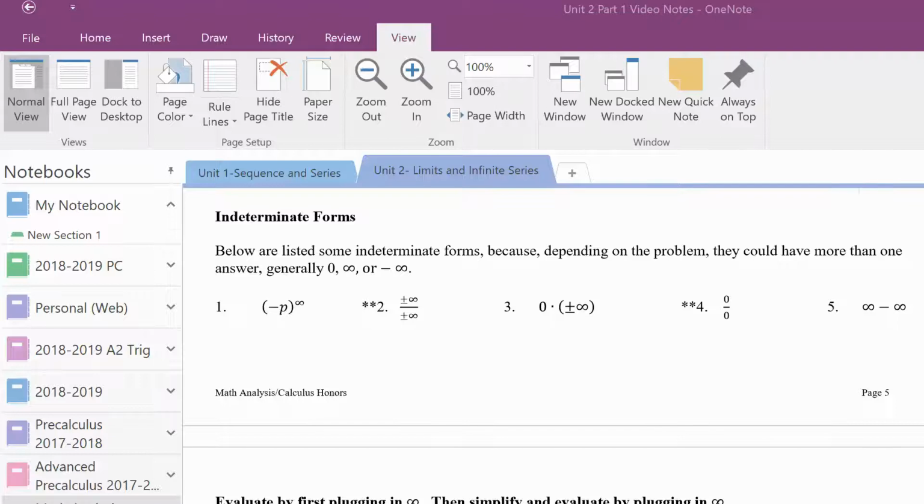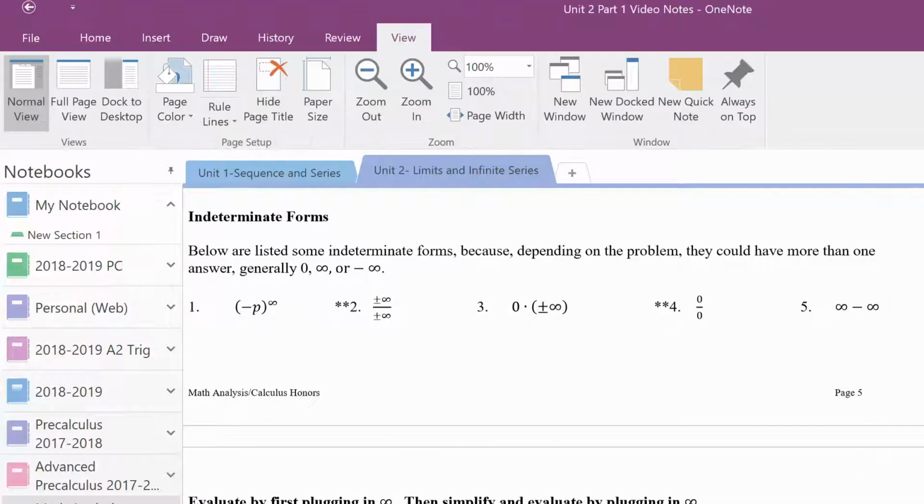There are also what we call indeterminate forms, meaning we can't determine what the outcome will be. And remember, infinity is not a real number, so the rules for real numbers do not apply to infinity. Negative p to the infinite power. Remember, if it's a negative number to a power, it can alternate between positive and negative. That's indeterminate.